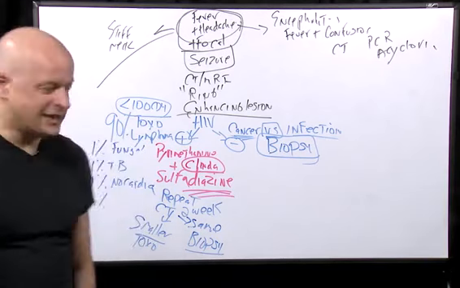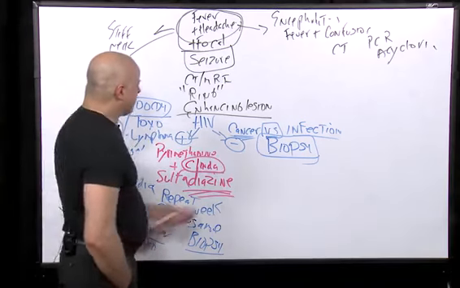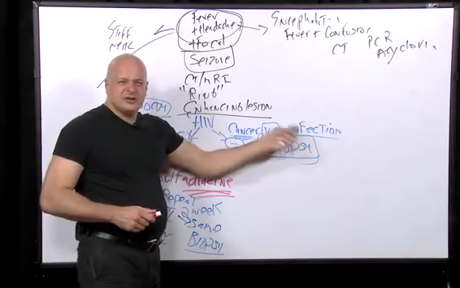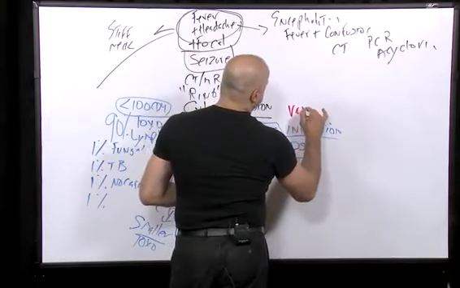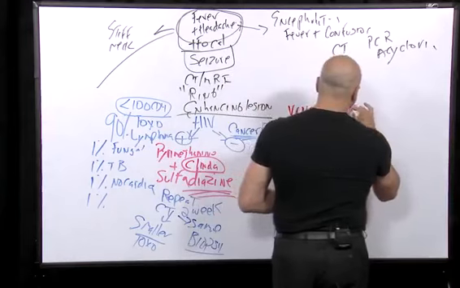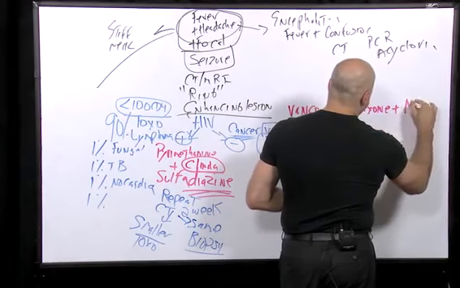You can't just say, I'm going to treat this person with antibiotics, because you don't even know if it's an infection or if it's cancer. You can say, well, I want to give vancomycin and ceftriaxone and metronidazole.